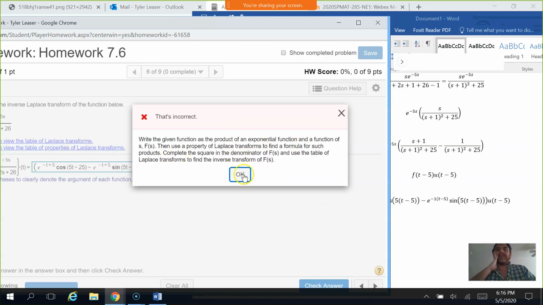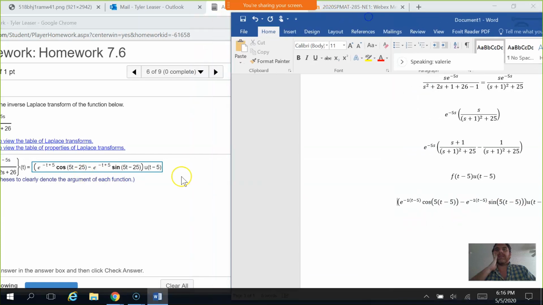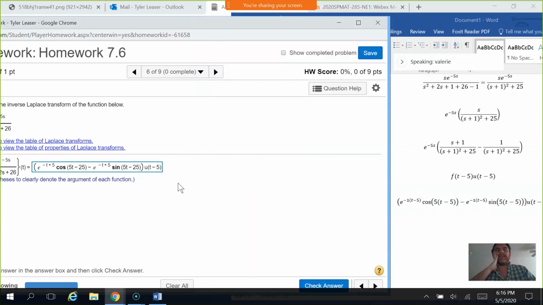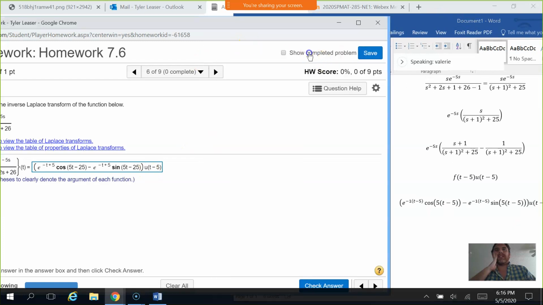Did you forget the parentheses around the t thing? Did I? Like, they care about that. I don't know why. No, I don't think so. Oh, because you multiplied it through, I see. That's why. I don't know. I'm not sure either. Let's see what the right answer is.